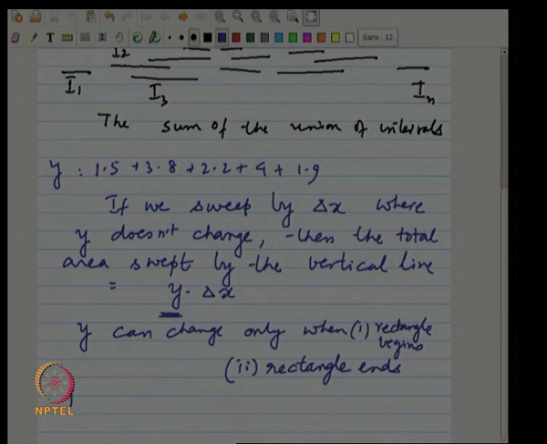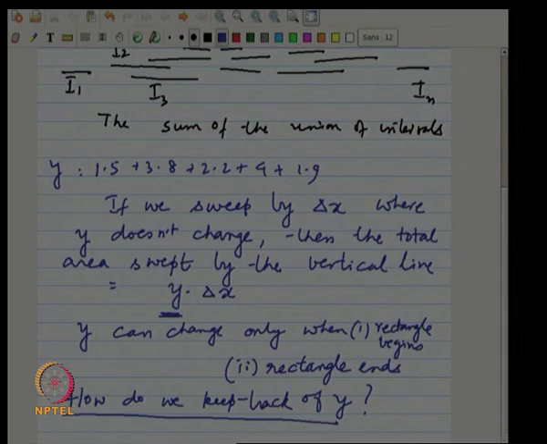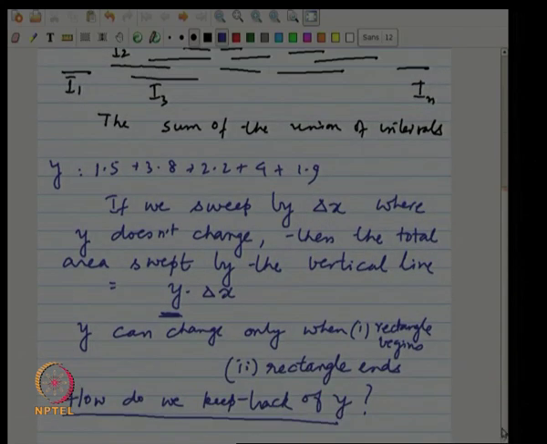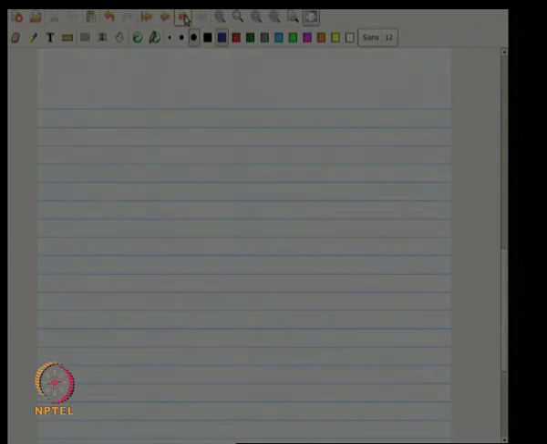Okay. So, how do we keep track of y? Okay. This is essentially what it comes down to now, which is what, as I just pointed out before, it's a set of intervals, okay, and what is the sum of the union of these intervals. Okay.